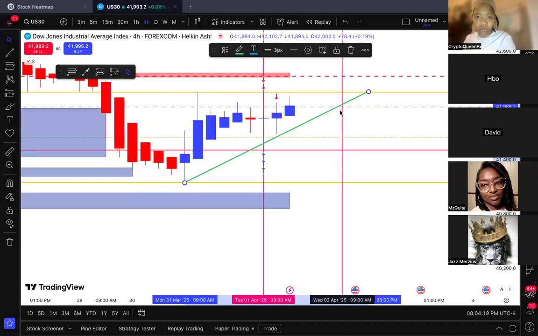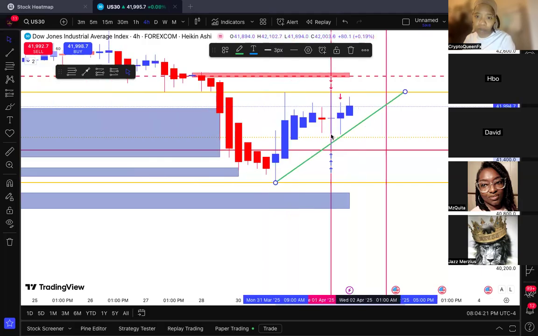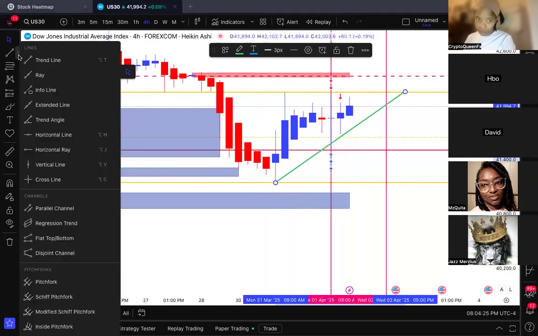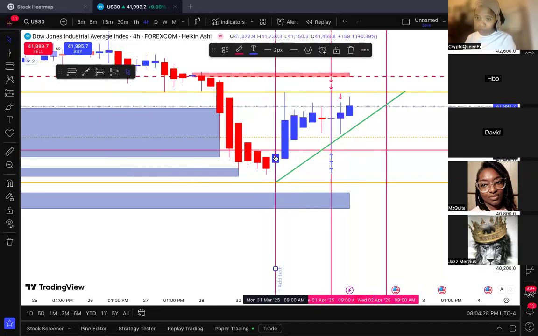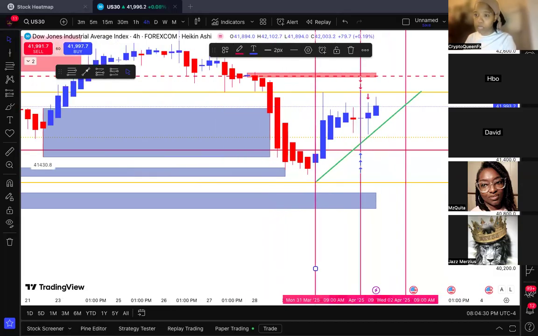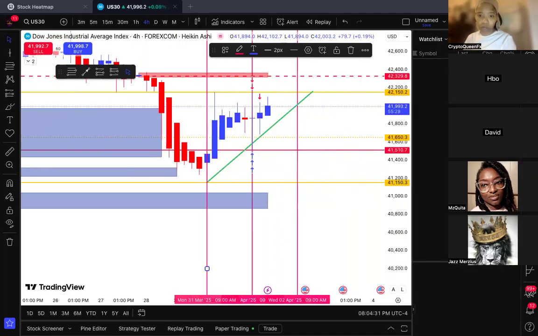Definitely needed to come back down. I wouldn't try to hop in for a buy right now. Scared that you're gonna miss out on the buy? Wait for New York session for the US 30.